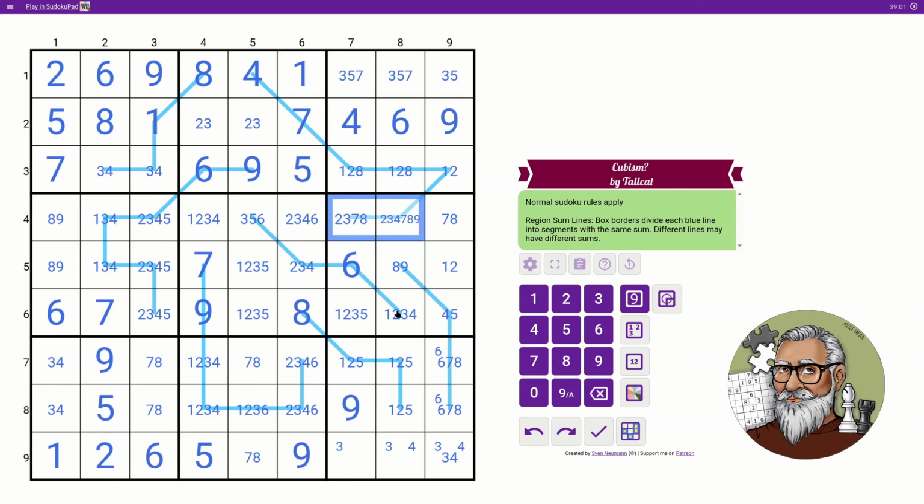Oh, maybe I messed up here, but if this can't be 9, then this can't be 2. Doesn't look like that helps, but okay. This couldn't be 4 either. And if it's not 4, then this isn't 7.